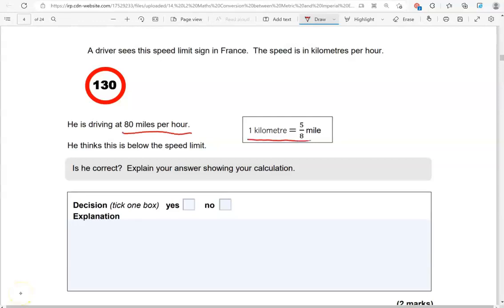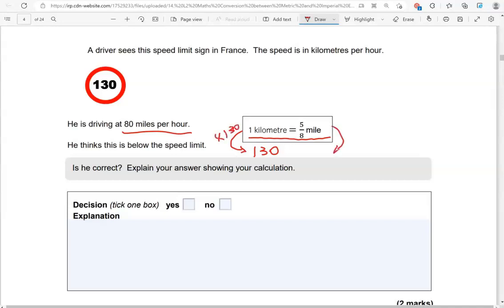So 1 kilometer is 5/8 of a mile. 1 kilometer is equal to 5/8 of a mile. What about 130 kilometers? To get from 1 to 130, we multiply by 130, so we'll do the same on the other side.